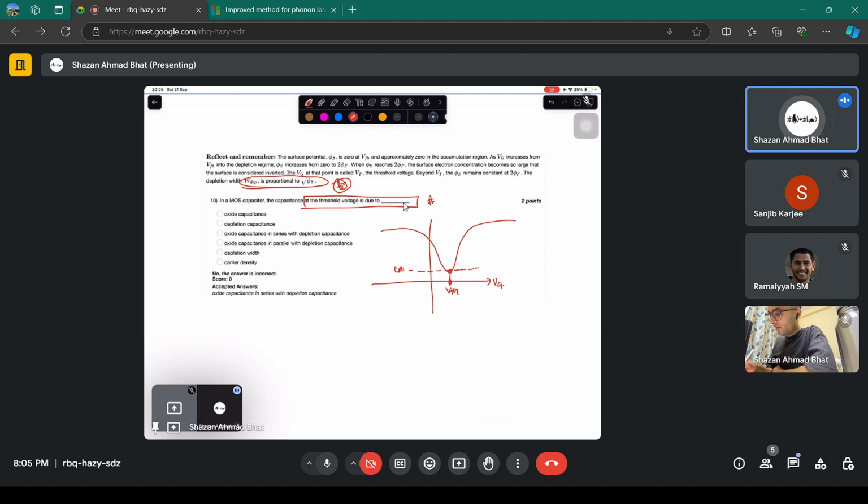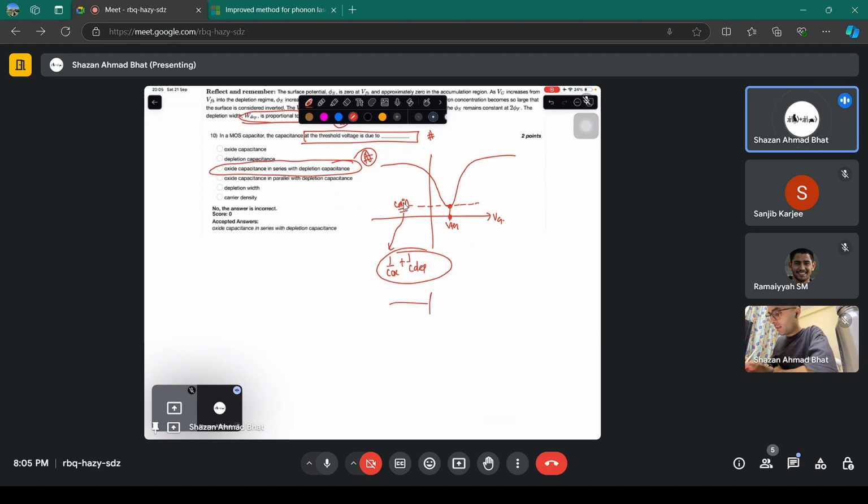You know that this is C min. It is because of both C ox and C dep, with 1 by C equal to 1 by C ox plus 1 by C dep. So it's because of both the oxide capacitance in series with the depletion capacitance. That's it.